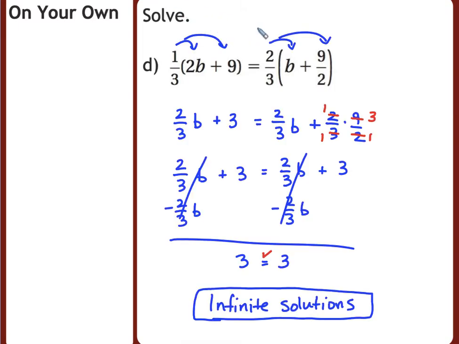All right, after distributing, we have 2/3 b plus 3 is equal to 2/3 b, and then 2/3 times 9/2 is also 3. So after subtracting 2/3 b from both sides, 3 is equal to 3. That is always the case, so we have an infinite number of solutions.